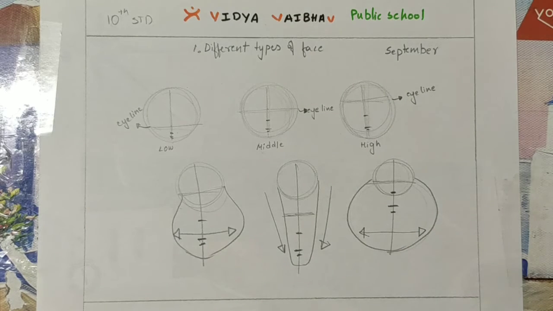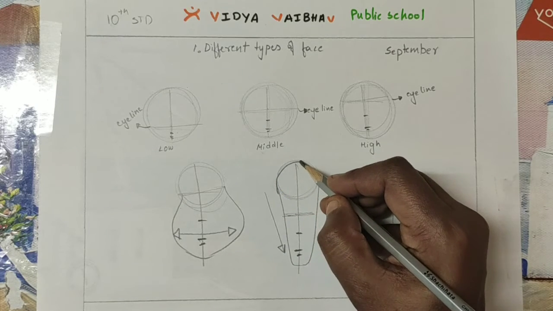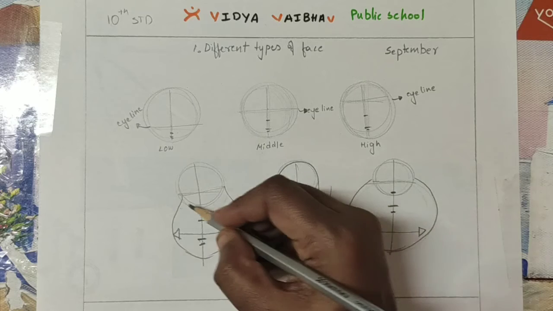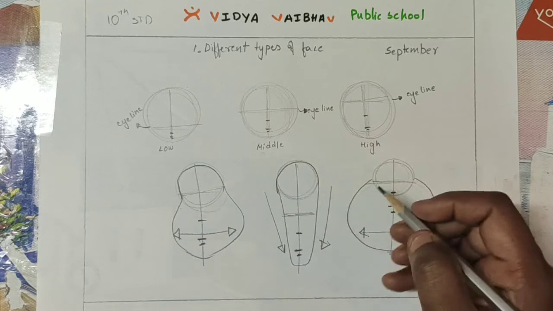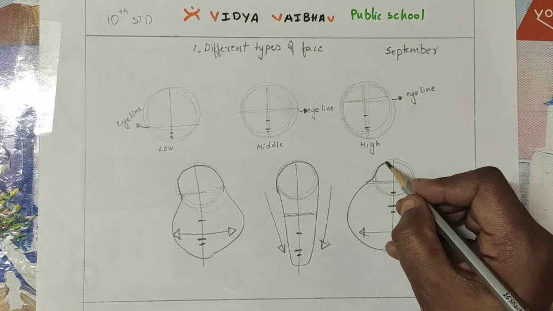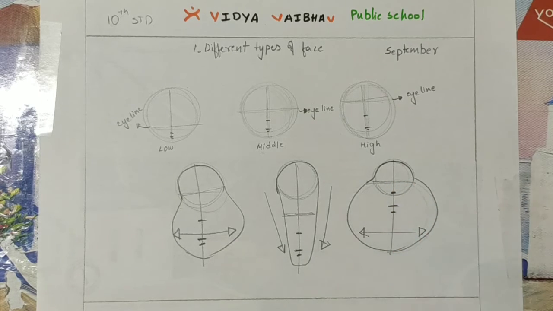So these are the types that show how we are able to work for different types of faces. So this is how we'll work for different types of face.